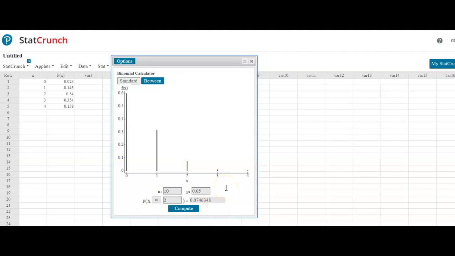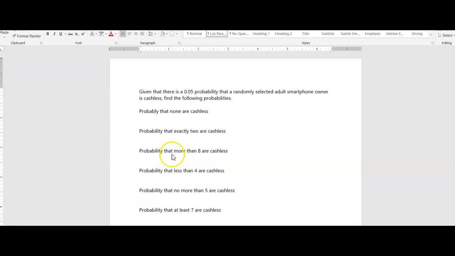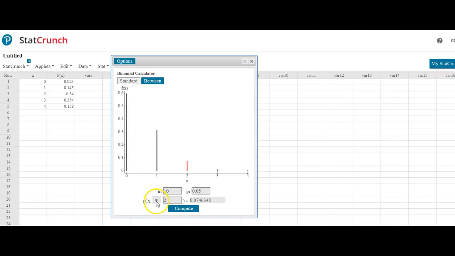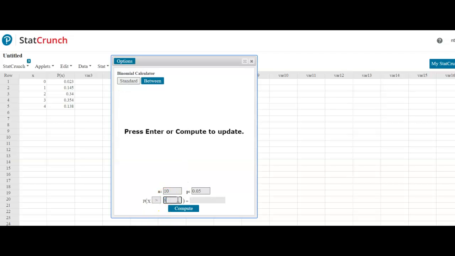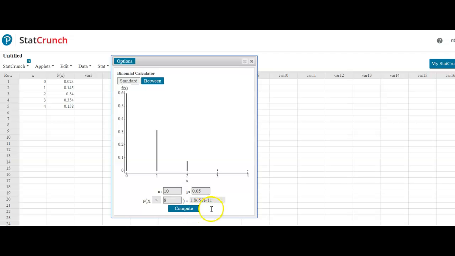Now, the next question was find the probability that more than 8 are cashless. If I'm looking at more than 8, then I'm not including 8. So I want the sum of 9 and 10. I can change my symbol to greater than, and I can do 8 and compute, and that gives me a probability of 1.865e-11.